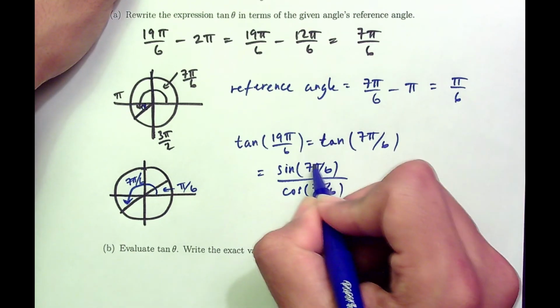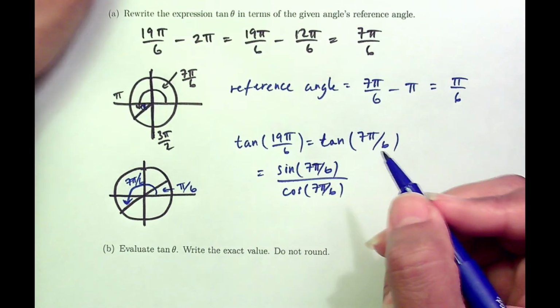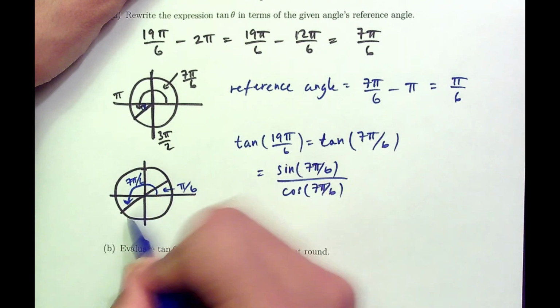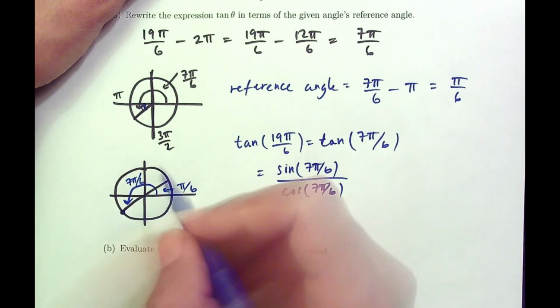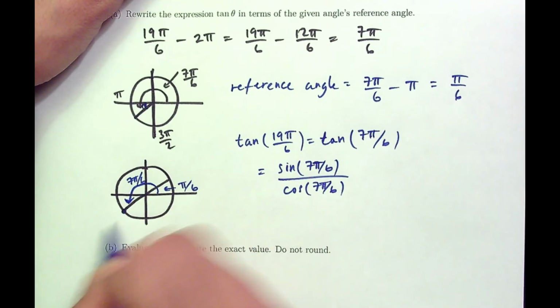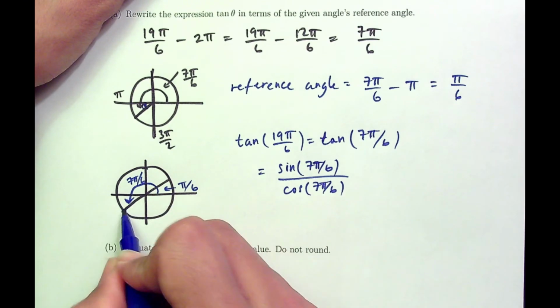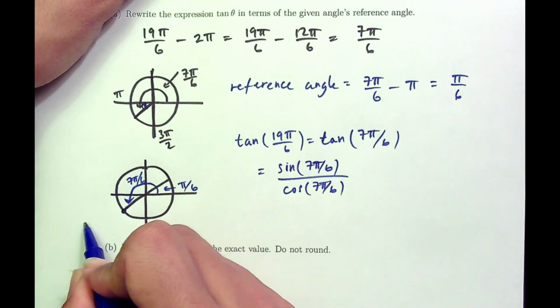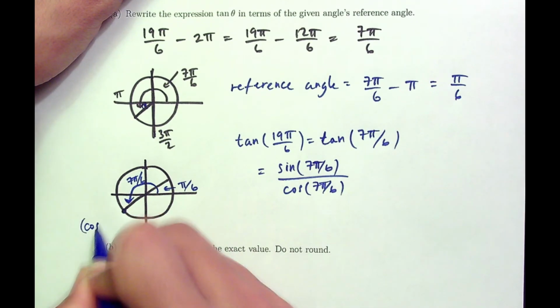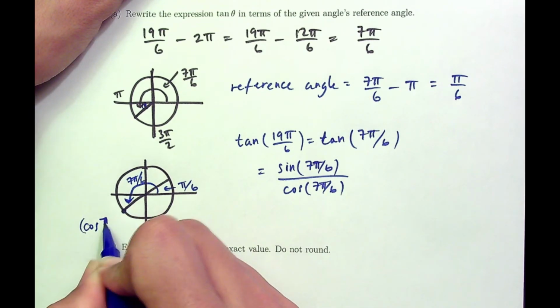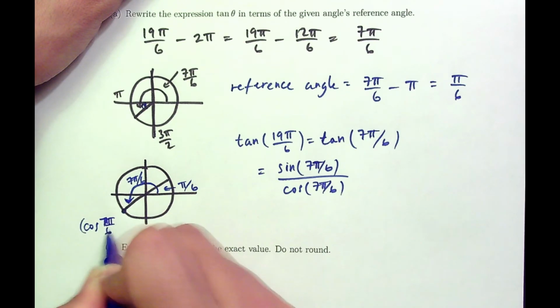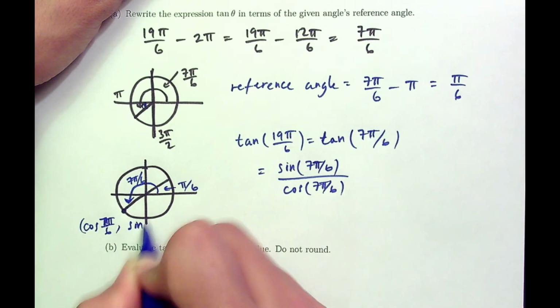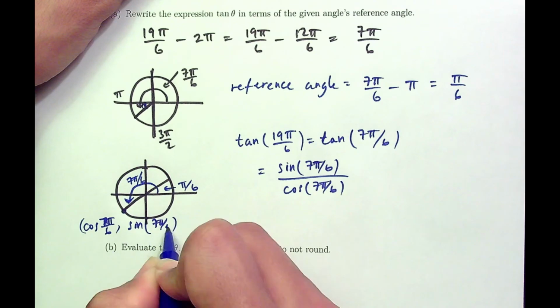But what is sine of 7 pi over 6? Well, sine of 7 pi over 6 is the y-coordinate of that point, and the cosine is the x-coordinate of that point. Right? That's what these are. So this is cosine of 7 pi over 6, sine of 7 pi over 6.